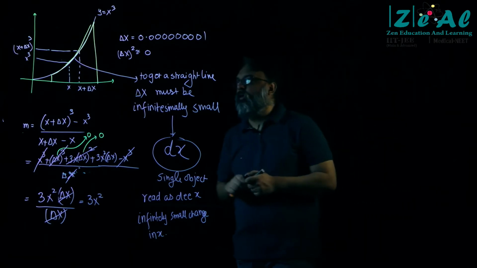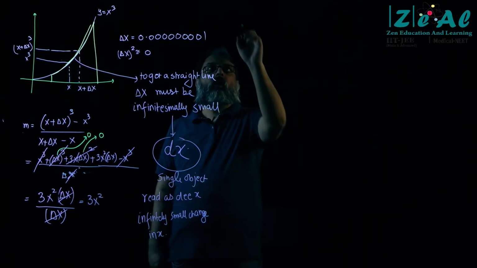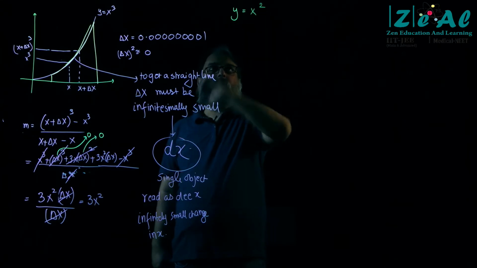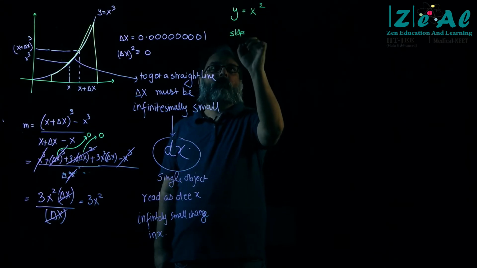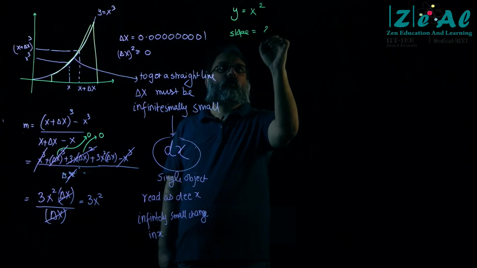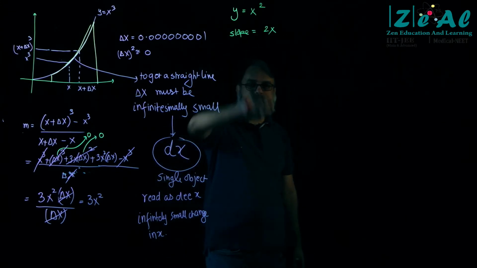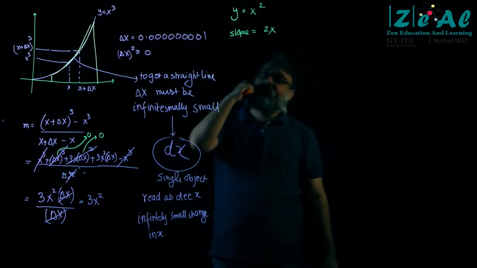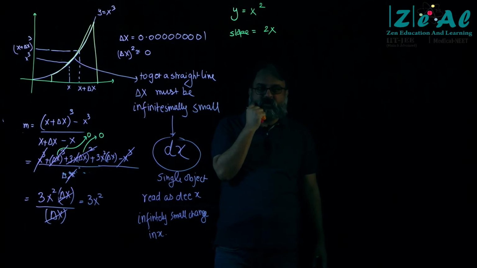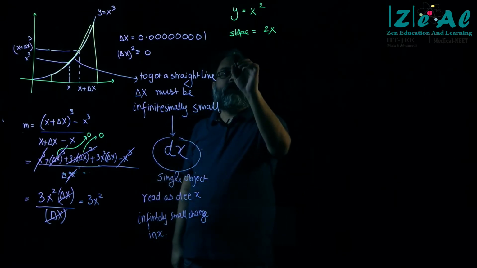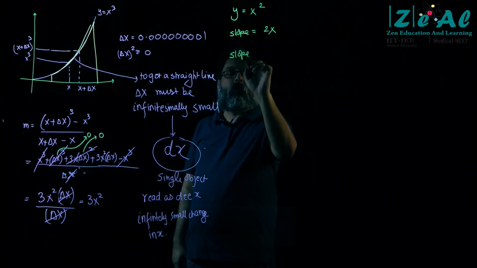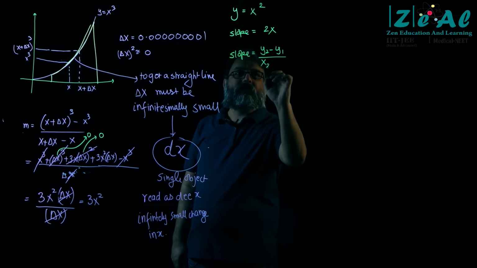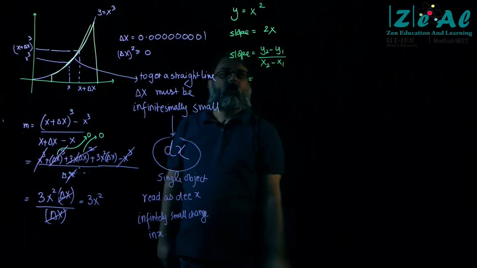So what we have done up till now: y is equal to x square, the slope is equal to 2x. I want to write this in a different way, because I know that the slope is nothing but y2 minus y1 upon x2 minus x1.